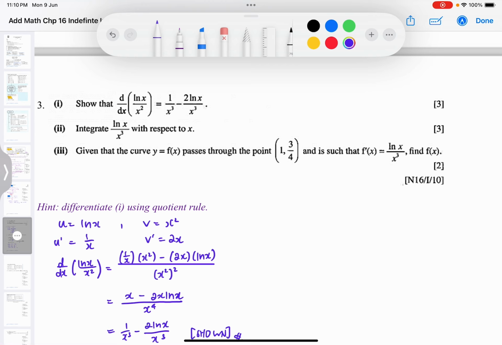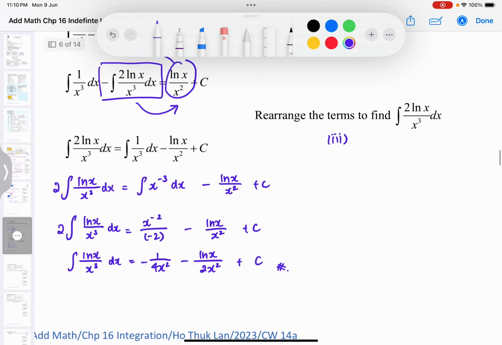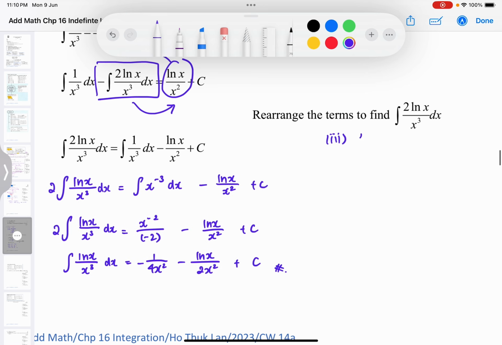So you're given f prime of x to be this expression ln x over x cubed, and we just integrated that in part 2. So f of x must be equal to this, because in part 2, I just integrated this expression.